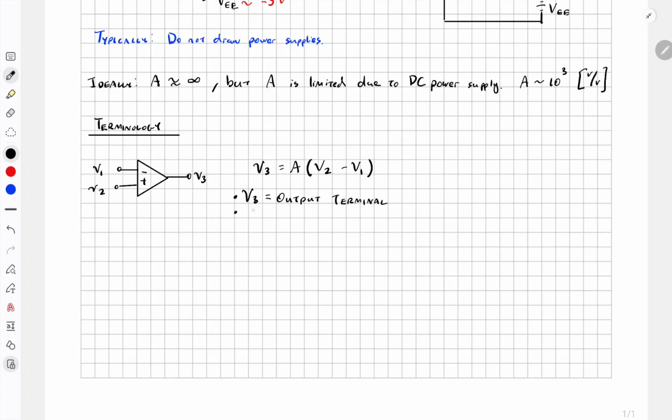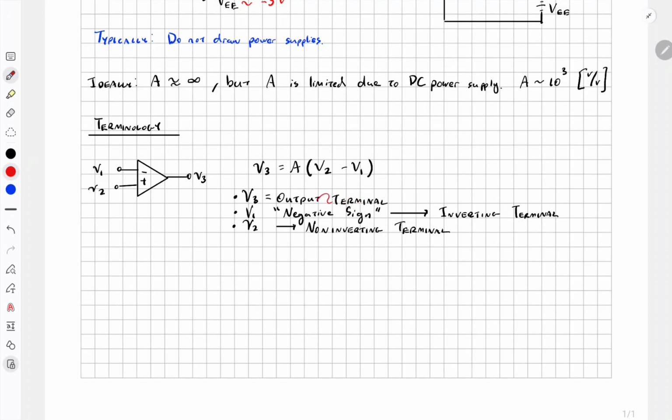And V1 has a negative sign in front. So what do we call this? Well, V1 is called the inverting terminal. And V2 has a positive sign in front, so for obvious reasons, we call that the non-inverting terminal.